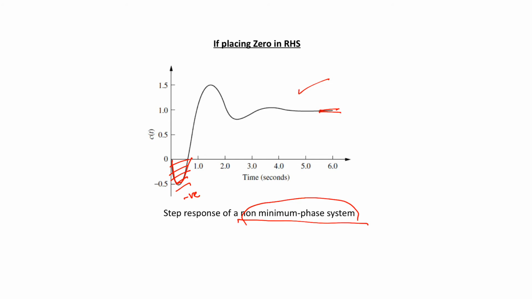It means that it will initially move towards the left when we command it to the right. So from the practical point of view, a non-minimum phase system should be avoided. Otherwise, if you want to move towards the left, then first you have to move towards the right and then to the left, as is clear from this graph.